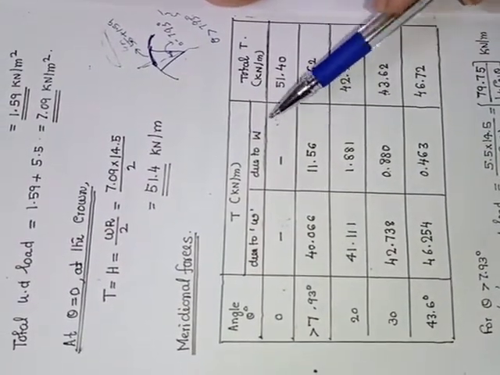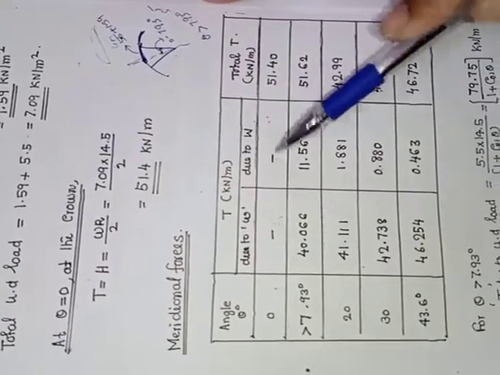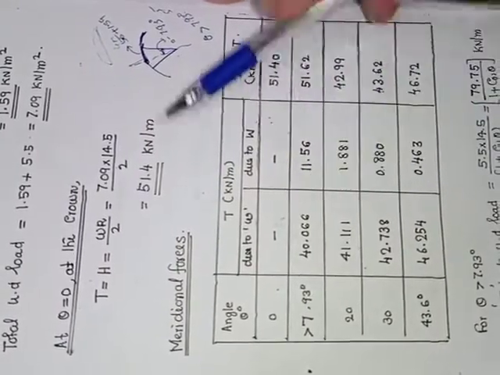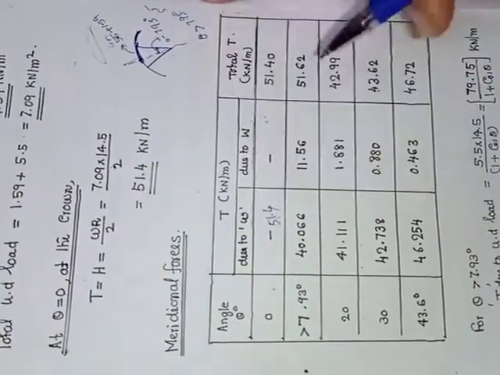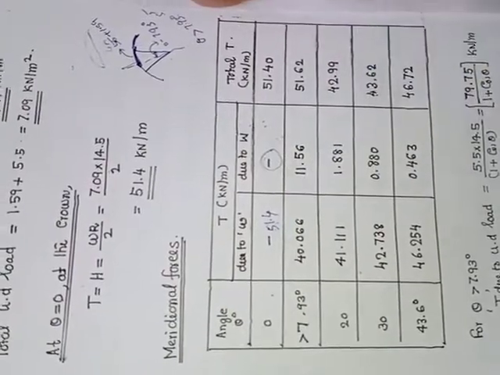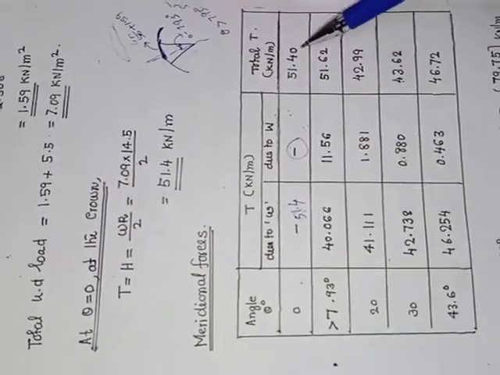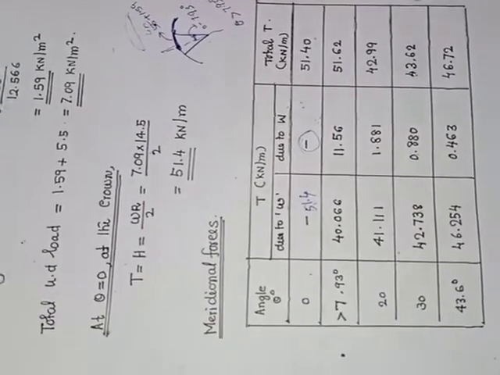Due to the point load, it will be infinite. We will add these two, so here we will have 51.4 and here it will be infinity, so we will keep it blank. We will write the total meridional thrust as 51.4.